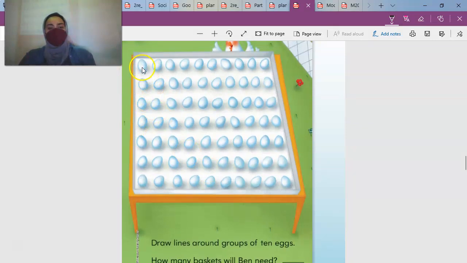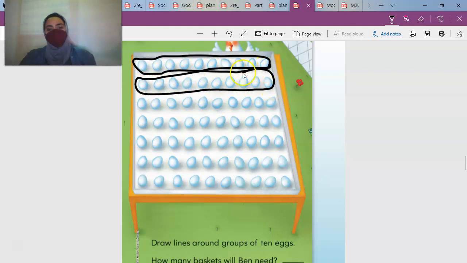Let's look at the columns, see if they're in columns of 10. 1, 2, 3, 4, 5, 6, 7. They're not, they're in 7. Let's see the rows. 1, 2, 3, 4, 5, 6, 7, 8, 9, 10. So we're going to circle each row of 10. If you didn't do that, you need to do that now. Then erase it and fix it, please.